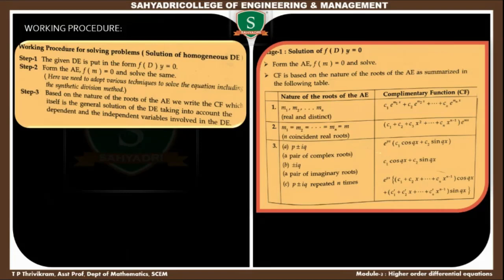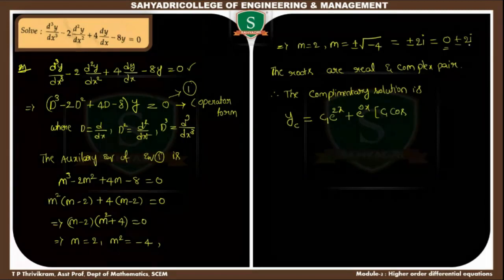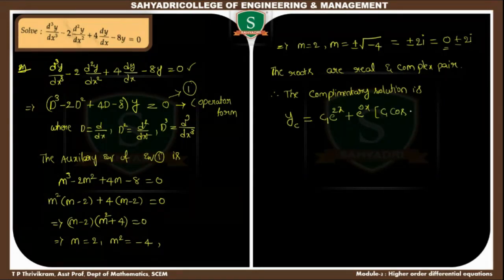So e power px, where p is 0 here, so e power 0x times c1 cos qx, where q is 2 here, so c2 cos 2x plus c3 sin 2x.